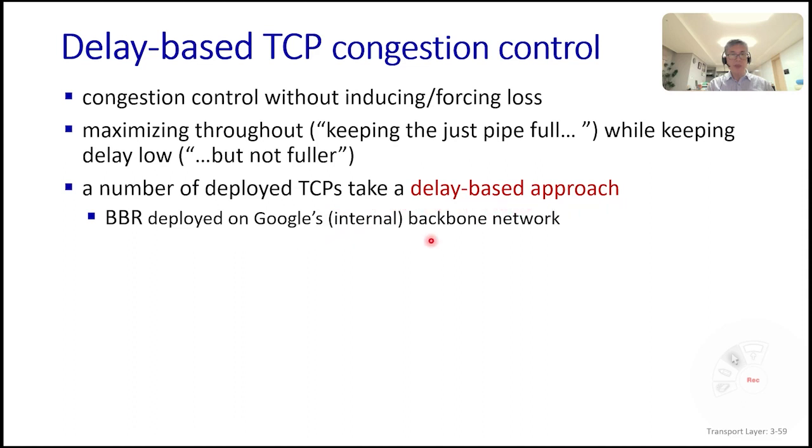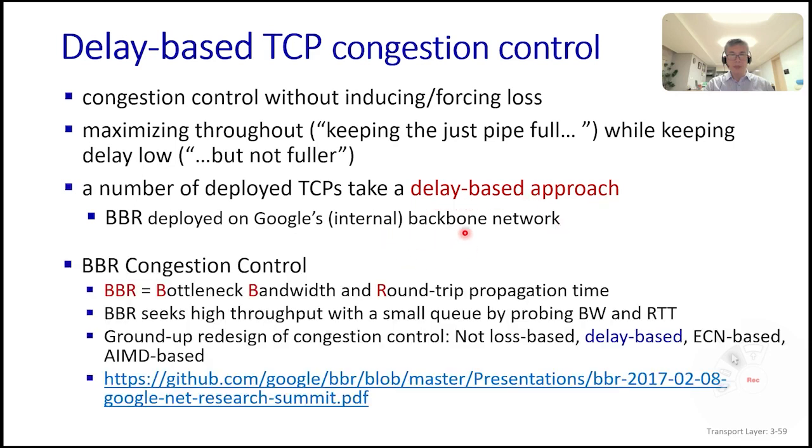A number of deployed TCPs take a delay-based approach. Google made the BBR congestion control, and they deployed BBR, one of the delay-based approaches for TCP congestion control, in their backbone network. BBR stands for bottleneck bandwidth and round-trip propagation time.